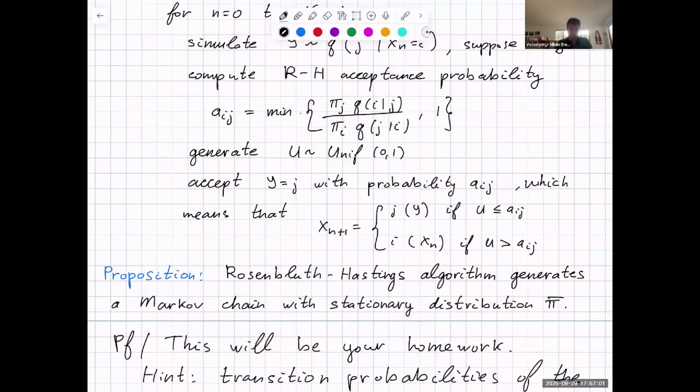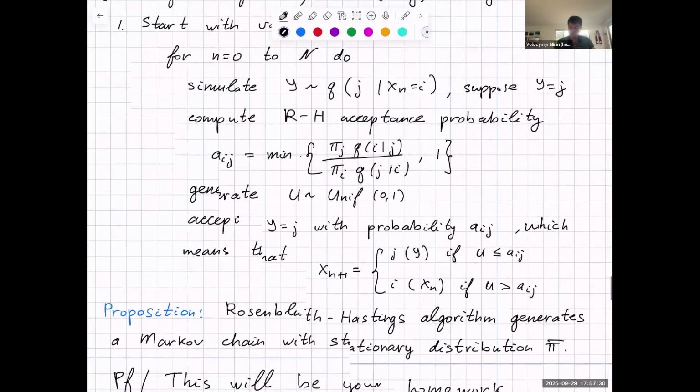And if A_ij is above 1, that's fine too, because then U will be less than it, and we automatically accept. So this formula works, and you don't have to take any minima of anything, but formally, we're doing that. So we are proposing and then accepting, rejecting, proposing, accepting, rejecting, and that defines our Markov chain.